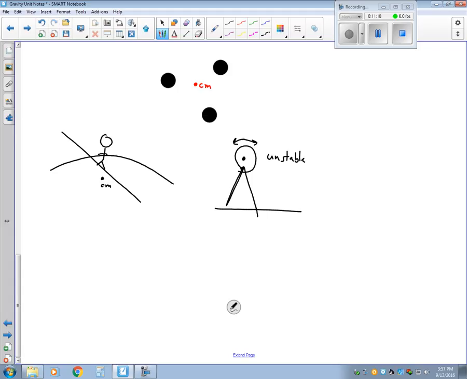But if you move the center of mass below the pivot point, the system becomes very stable. So the reason tightrope walkers use that pole is because they're lowering their center of mass to below their feet, below the pivot point, so that they become more stable, and it makes it easier to walk along that tightrope. All right, this concludes our gravity unit.